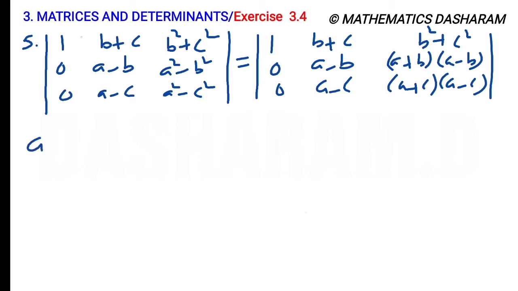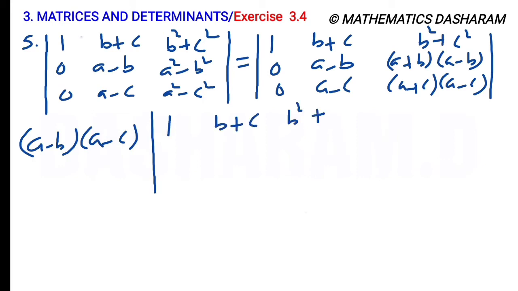So then A minus B common, A minus C common, mod of 1, B plus C, B square plus C square; 0, 1, A plus B; 0, 1, A plus C.